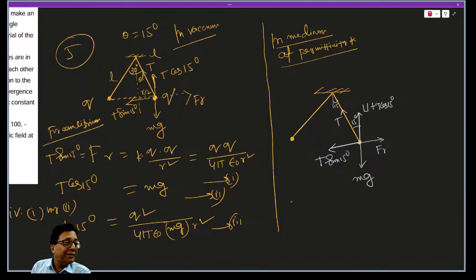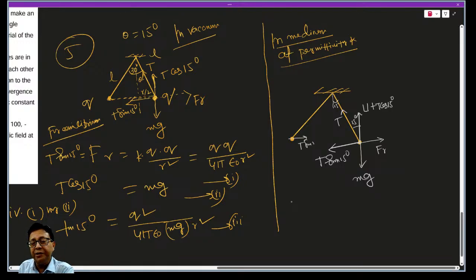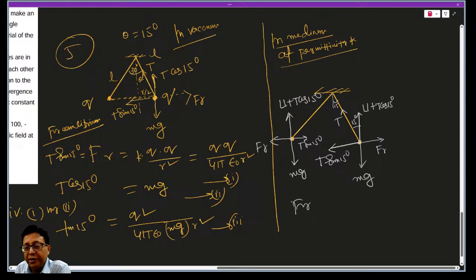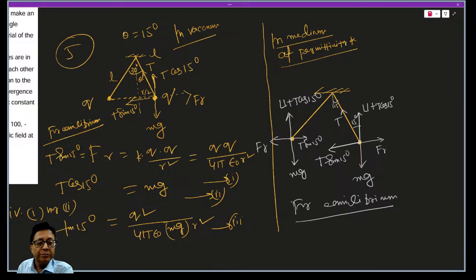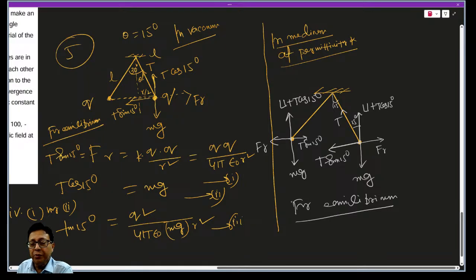Similar is the case here also. I am not drawing it here. The same thing acts here: T sine 15, then U plus T cos 15, then mg, and here it will be Fr. So for equilibrium, just modify the formula by the factor K. Fr will be what?